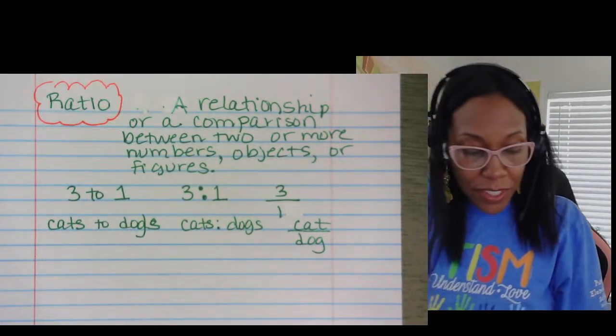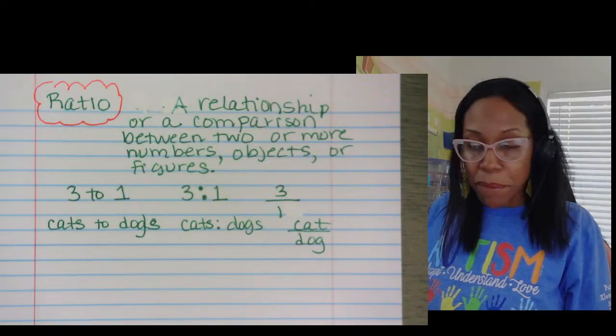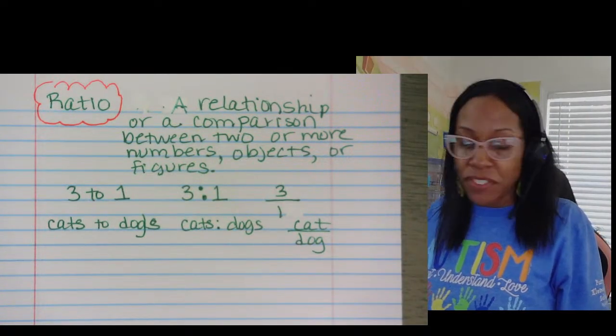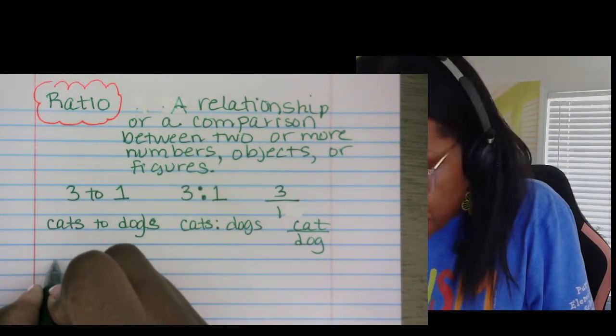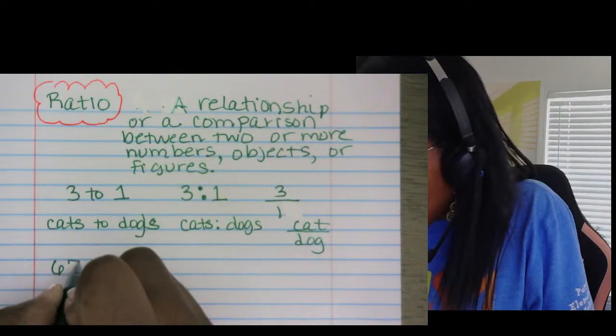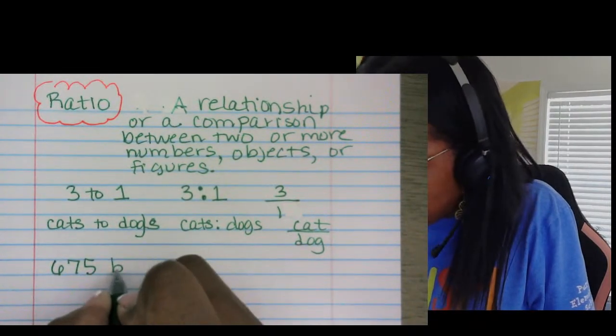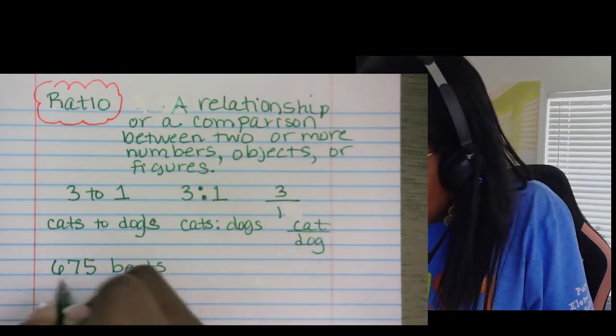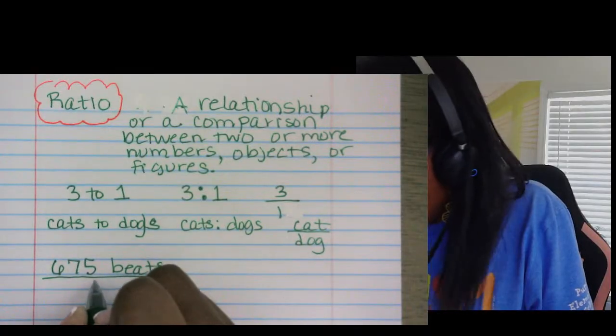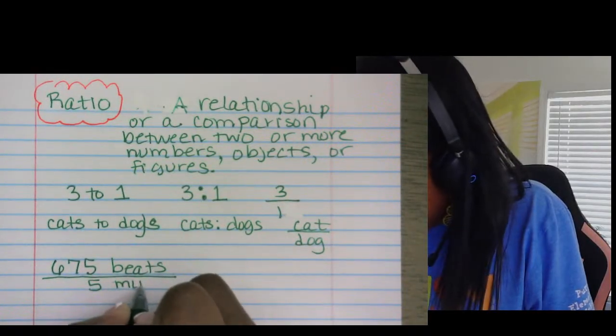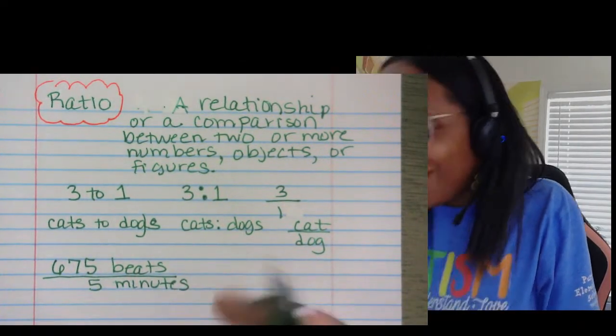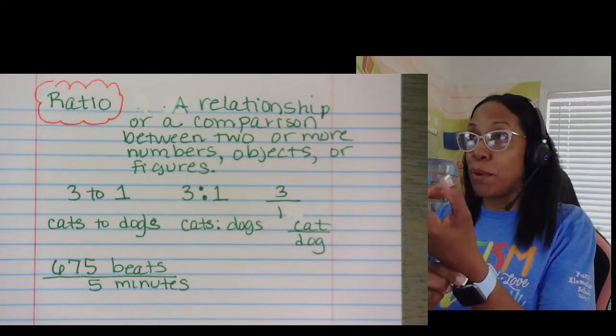Okay, so for instance, you might say there were 675 heartbeats. If you're taking somebody's pulse and you did it for 5 minutes for some reason, that would be 675 beats per 5 minutes.